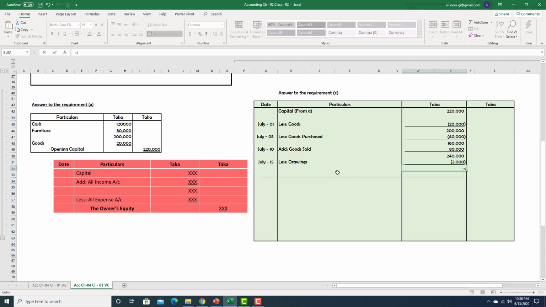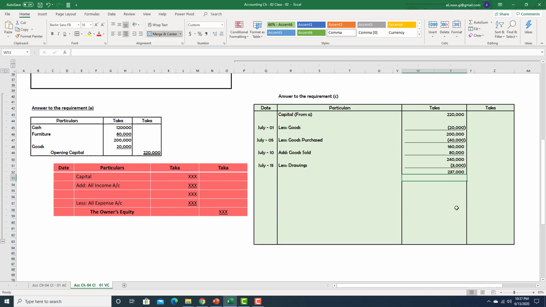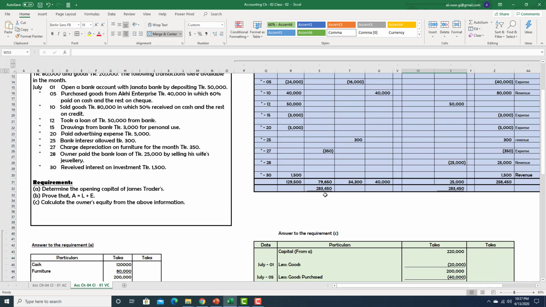Then find the balance. Either you can find the balance every time, or you can calculate the balance at the very last point of the table.